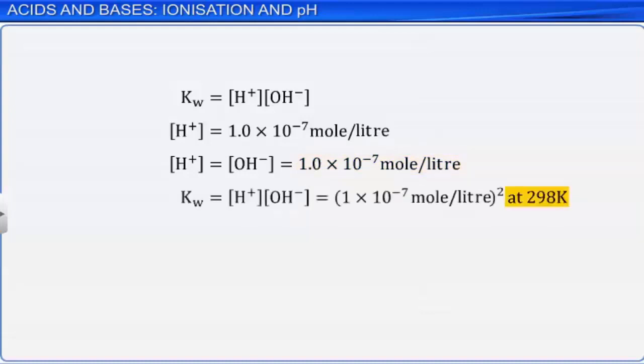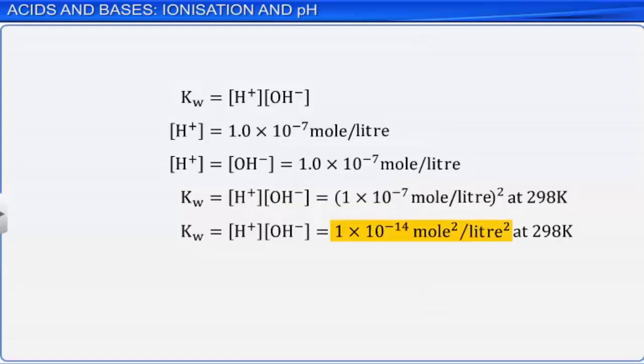Thus, at 298 Kelvin, the ionic product of water, which is equal to the product of the concentrations of H+ and OH- ions, is equal to (1 × 10^-7)^2 moles per liter squared.